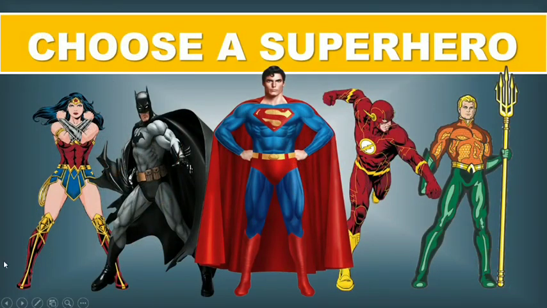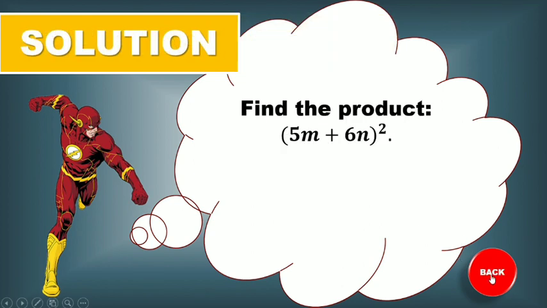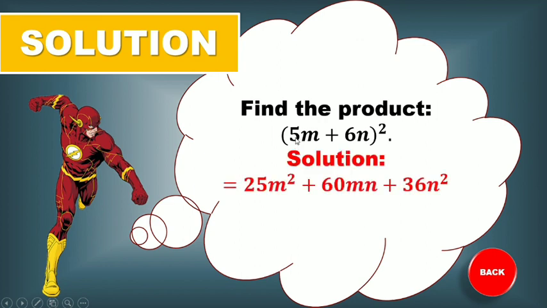What about the Flash? The Flash's task is to find the product of this polynomial, squaring this binomial 5m plus 6n. The pattern in solving this is very easy. All you need to do is square the first term. So the square of 5m is 25m squared, and then plus twice the product of the first term and the second term.